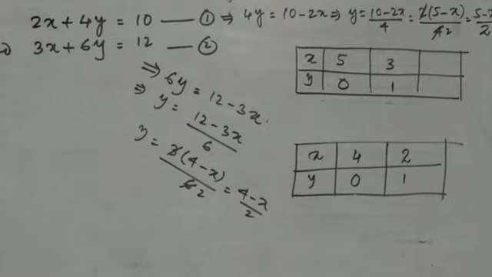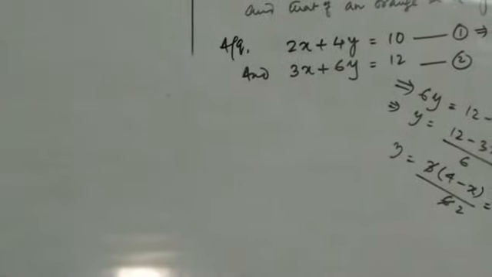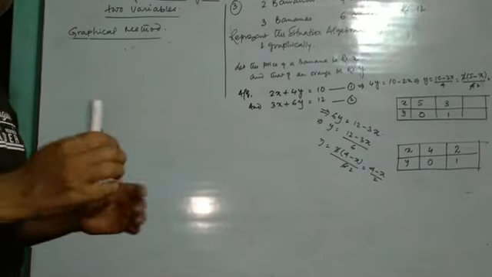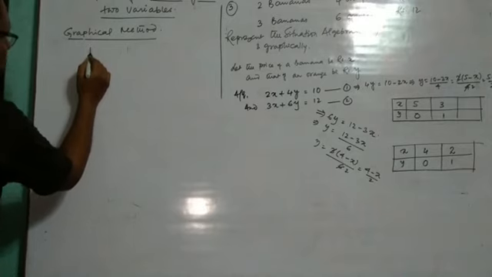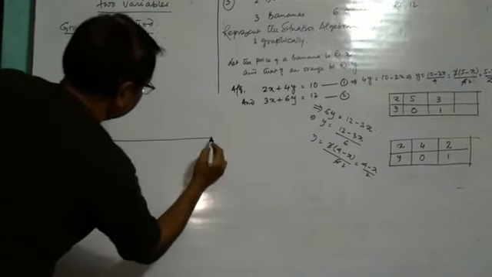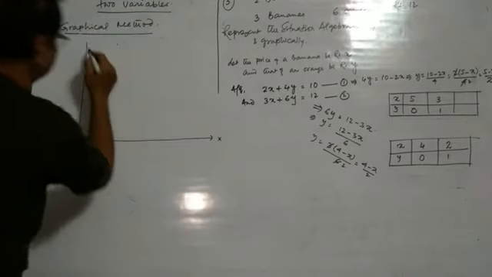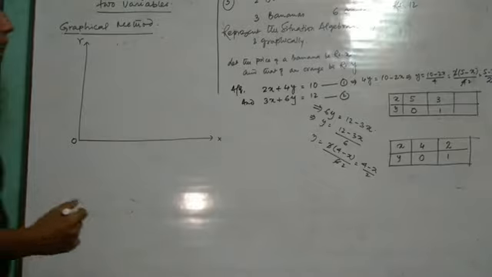While you are plotting on the graph, I am doing on rough, but you will do on the graph paper, so you must mention the scale that you are using on the graph paper. What to do? 2 mutually perpendicular lines, x-axis and y-axis. This is the origin.